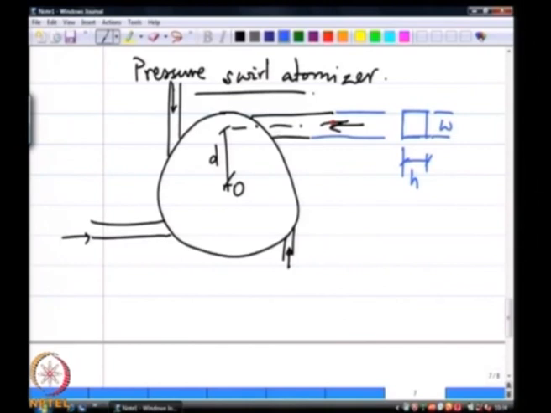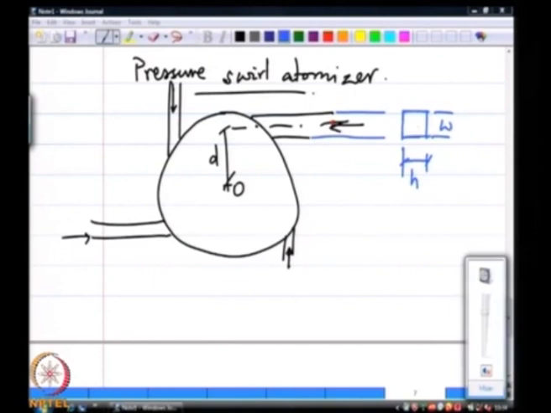So, if the depth of the slot is h and W is the width of this passage and V is the velocity coming in, then the total volume flow rate is V times W times h times n.